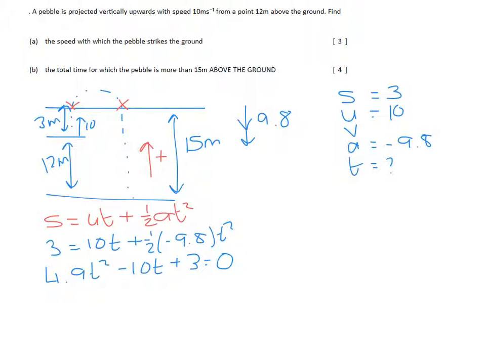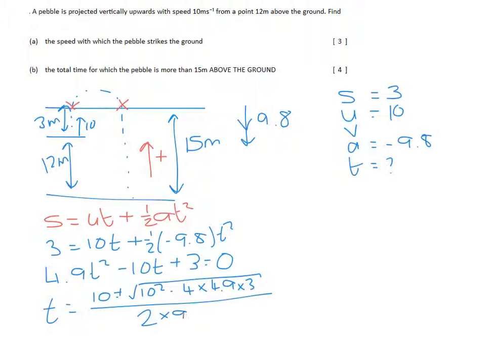And therefore we've got a quadratic in t, so we're going to use our quadratic formula, which will give us t equals 10 plus or minus the square root of 10 squared minus 4 lots of 4.9 times 3, and that's all going to be over 2 lots of 9.8.